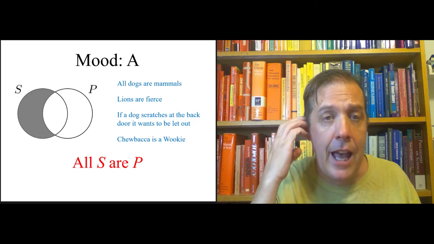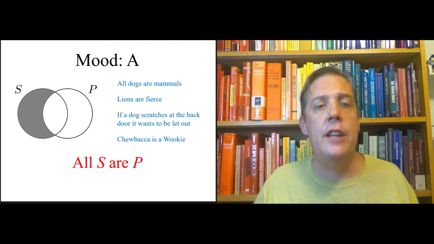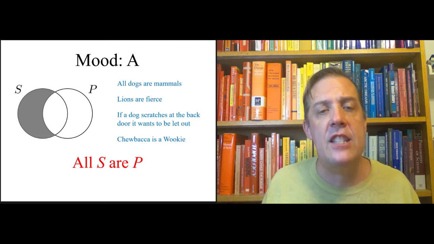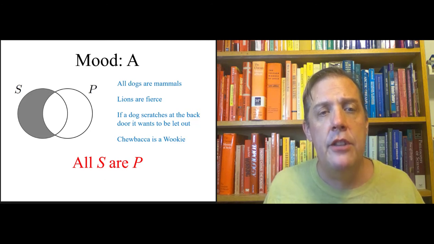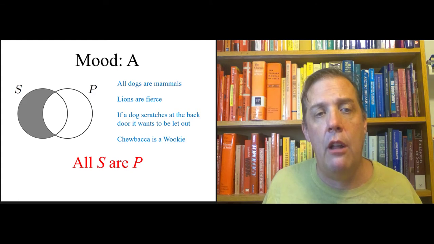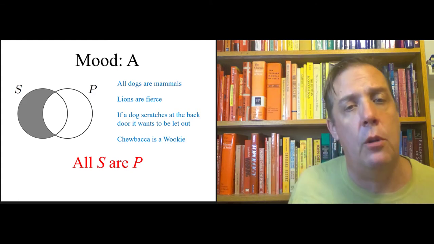The moods are A, E, I, and O. Mood A statements are anything that can be represented as all S are P. We represent that with the Venn diagram that you see here, where you've shaded the part of S that's not P, indicating that nothing can go there. So the only legitimate S's are also going to be in the P circle.